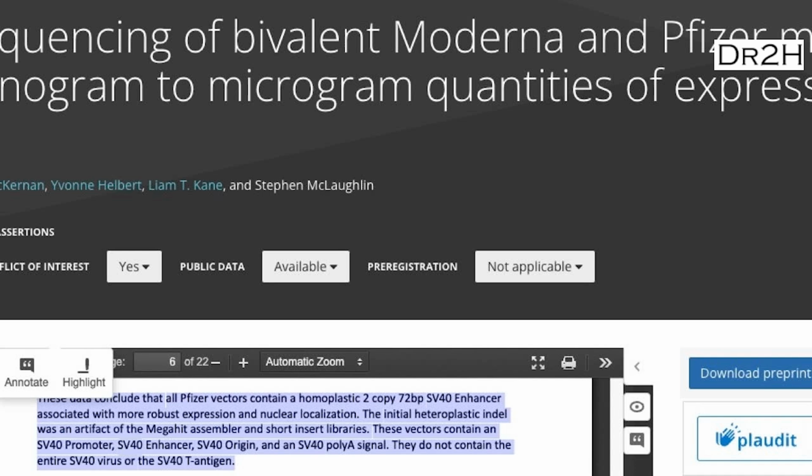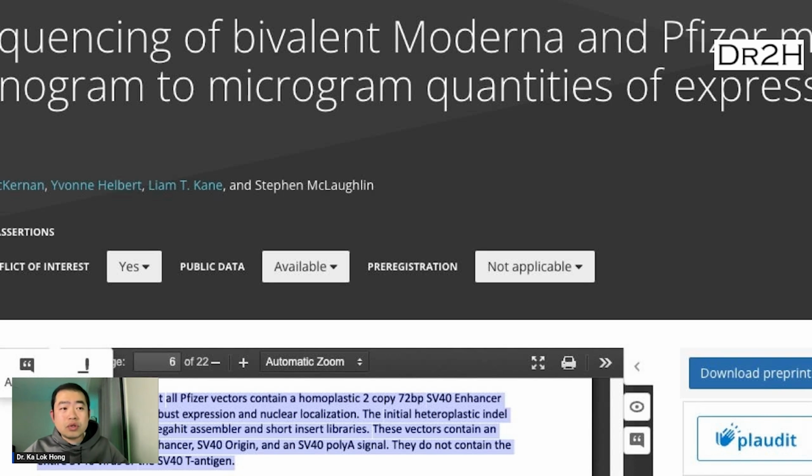And also, there's another very important antigen called the SV40 large T antigen. This antigen is known to cause cancer, and it is also not present in the plasmid, based on experiments done by people that are not from the manufacturer.